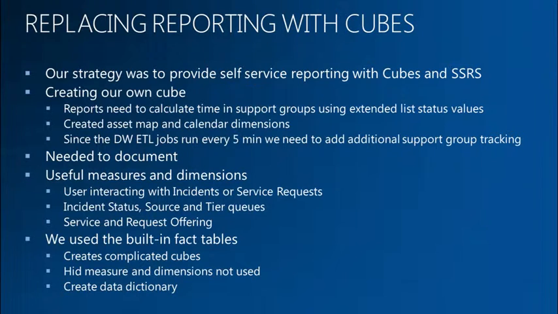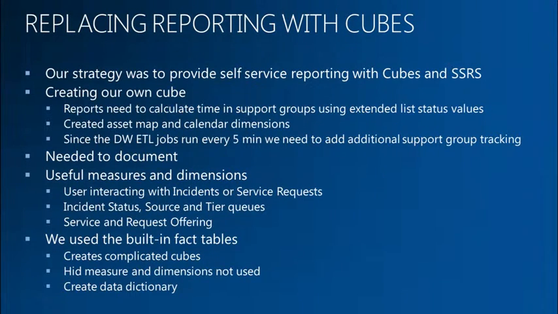If you're only tracking that data every 5 minutes, it would be possible to come into the system, tier 1 immediately knows it wanted to go to another tier, and you wouldn't see that it was in tier 1. So we wrote our own ETL job to track that information and record it in an extended field, so we know every support group that's been hit and how long that service request stayed in the support group.